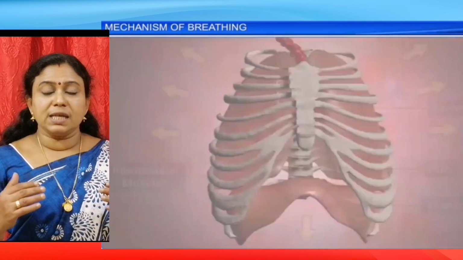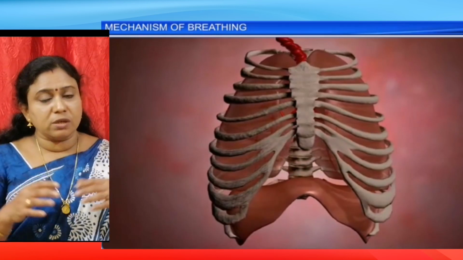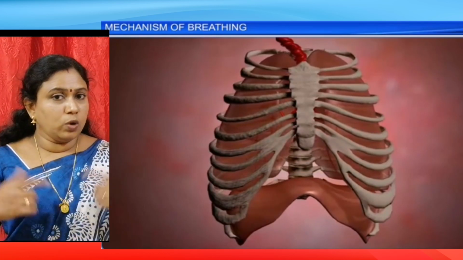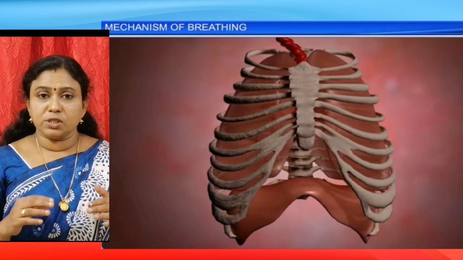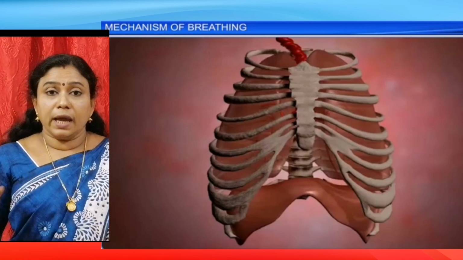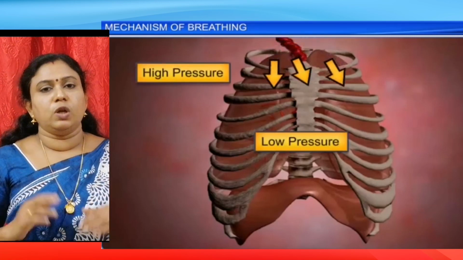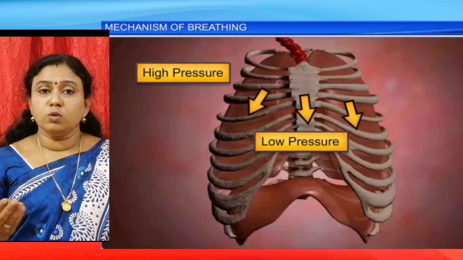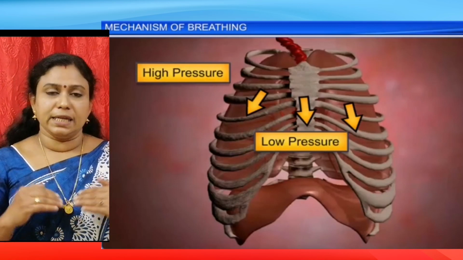Now the volume inside the lungs increases and the air pressure decreases. When the volume increases, the pressure will decrease. So when the air pressure inside the lungs is lesser than the outside, the air flows from a region of higher pressure to the region of lower pressure. And now the air flows in. This is what happens in inhalation.